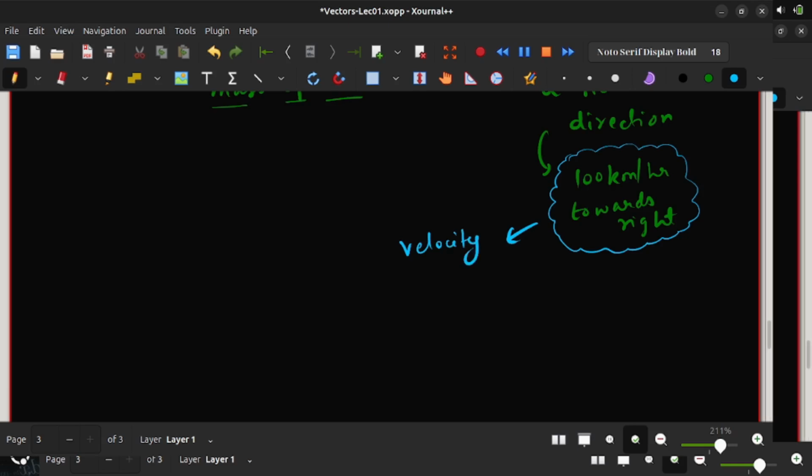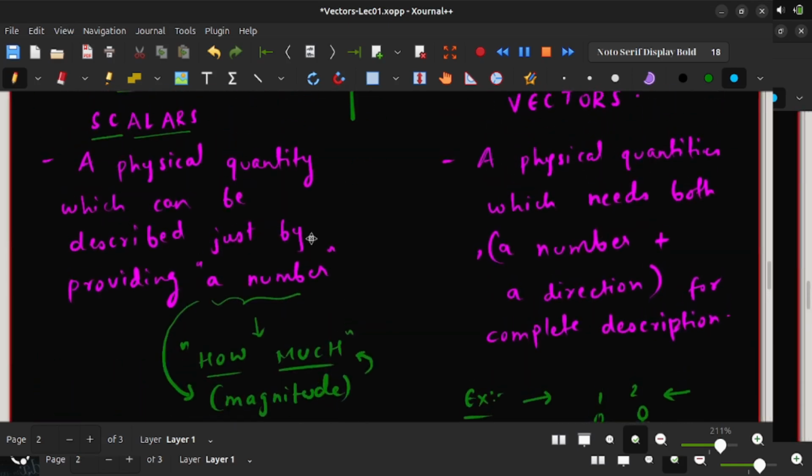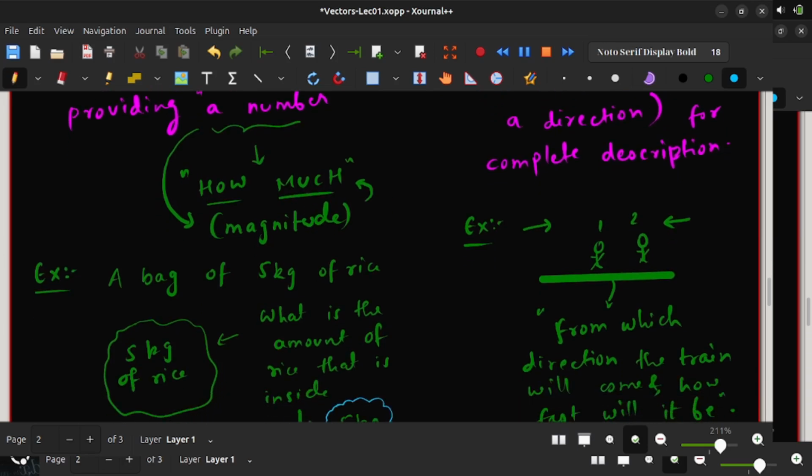So please understand, if you don't specify both of the things, then you will not have a clear understanding of how the train is moving. If your primary question is how the train is moving, then you should understand how fast it is moving. You should also understand in which direction it is moving.